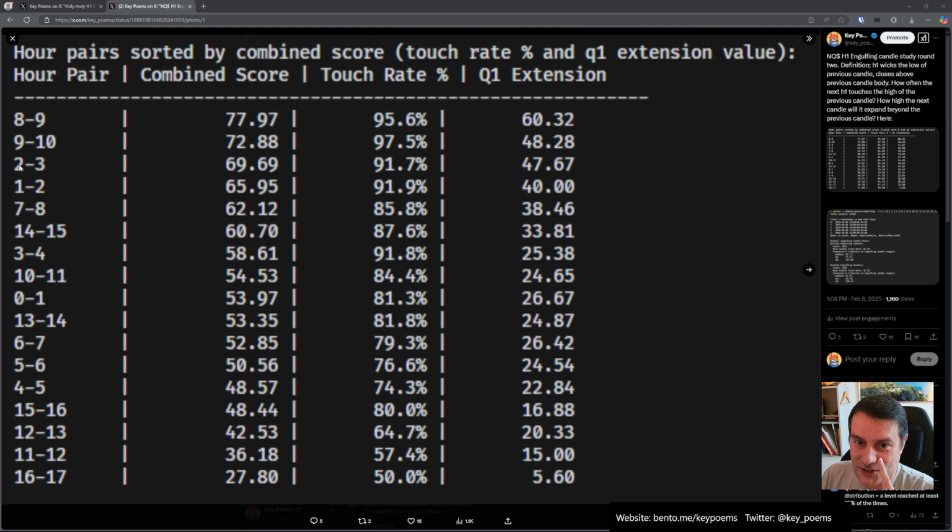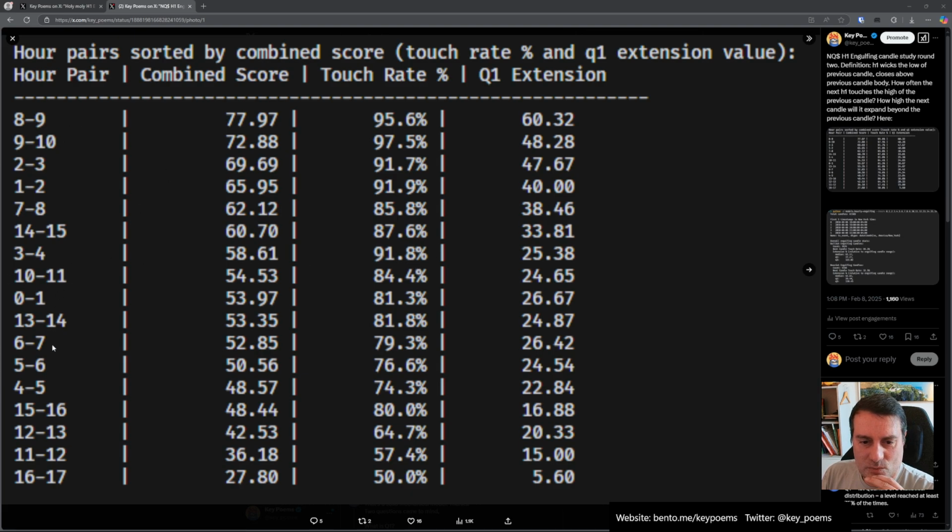But look, this is what's interesting. It's a very high probability engulfing candle at 2 to 3, 1 to 2, 7 to 8. Apparently after the lunch macro, after the lunch break, 2 to 3, then 3 to 4 is also a very high percentage, and so on.